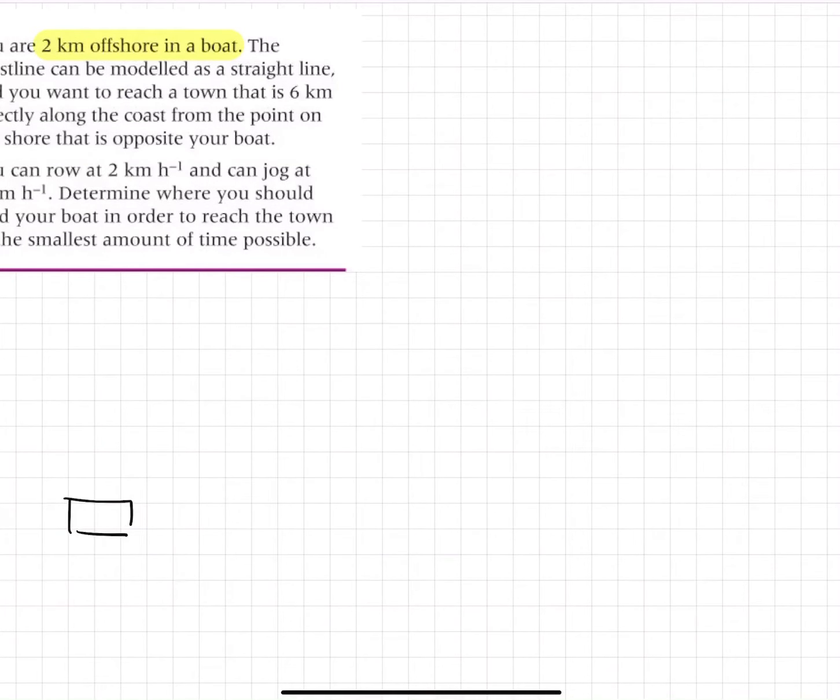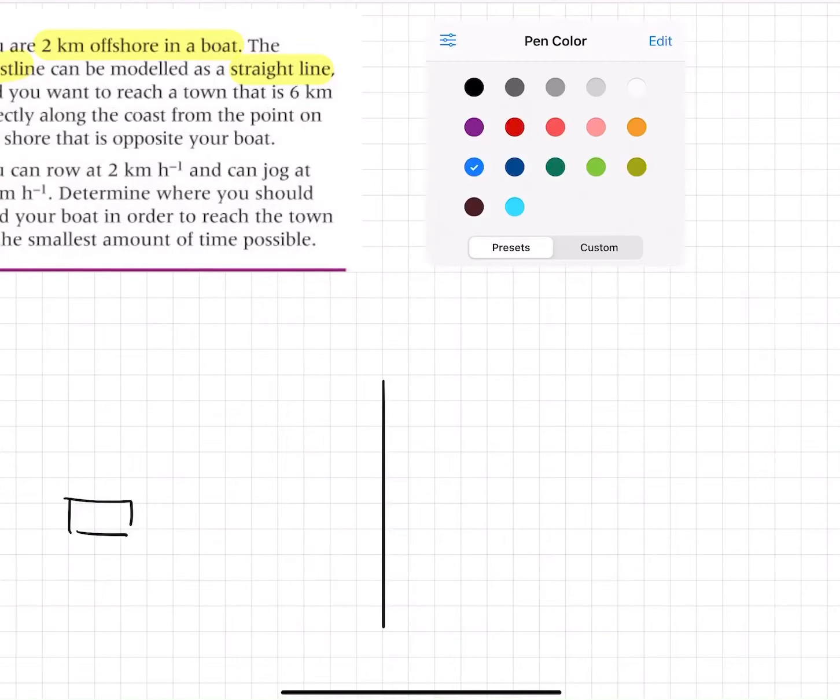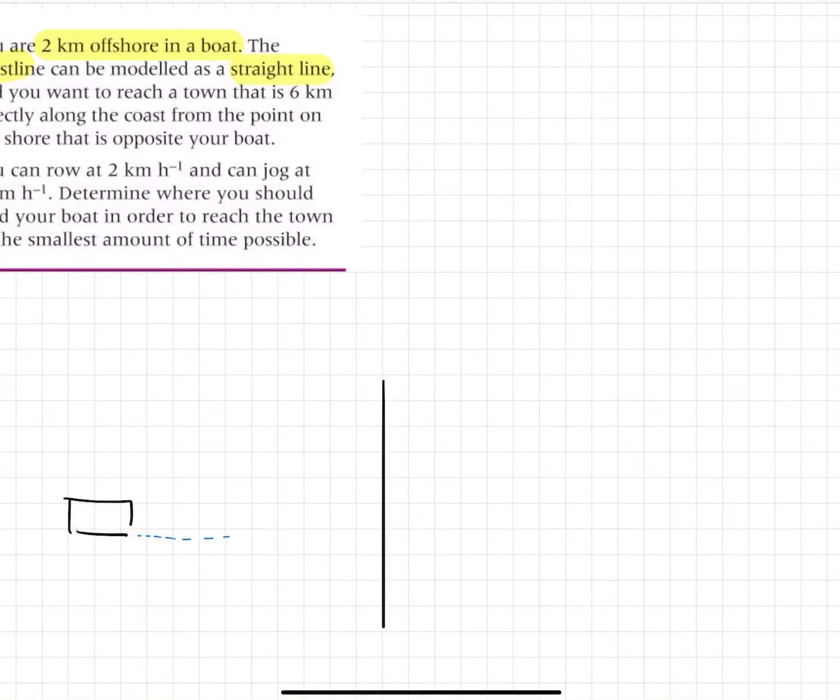But it also says that this coastline is modeled as a straight line. So I'm going to draw a straight line. And I'm going to say that this distance right here is 2 kilometers.